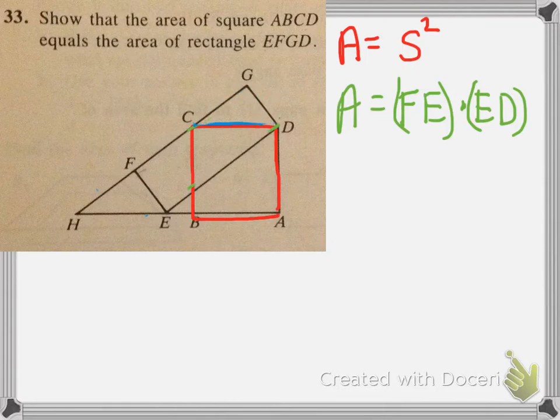We now know that HEDC is a parallelogram. That right there is a parallelogram. With the congruent area, so the area of HEDC is congruent to the area of the rectangle EFGD.